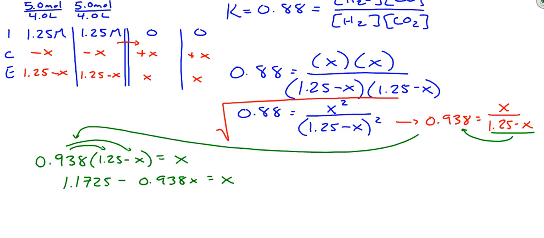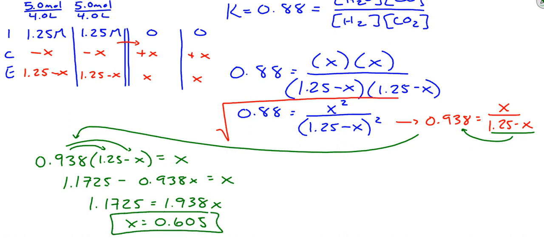Combine like terms, so add the x to the other side. And then divide it out. And I find that x is 0.605.